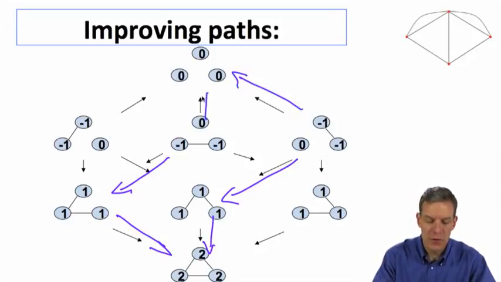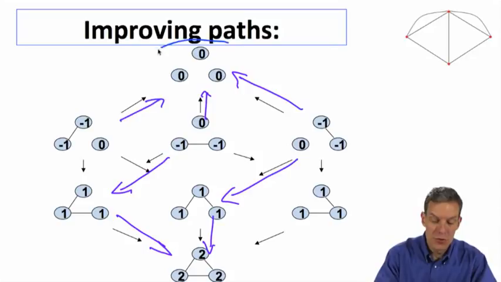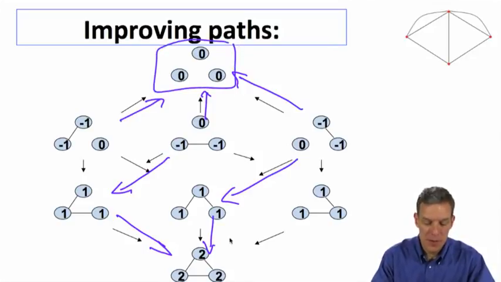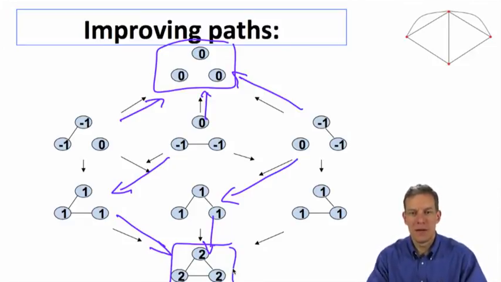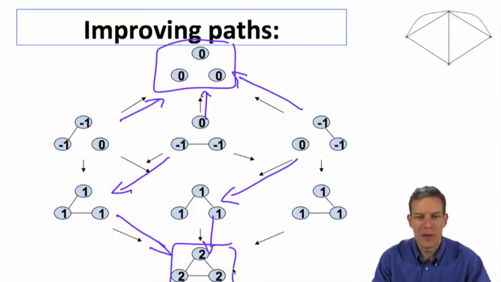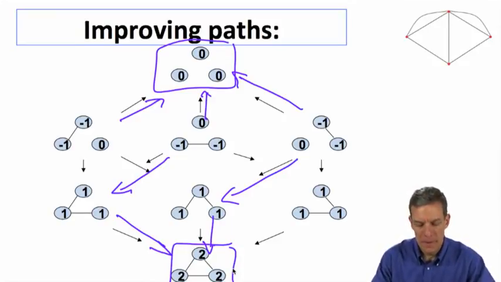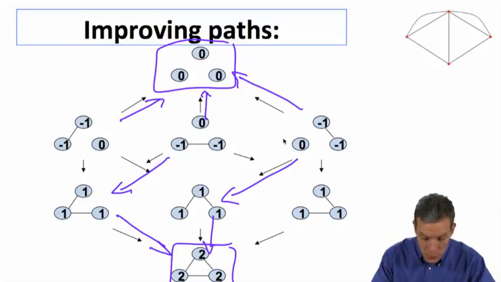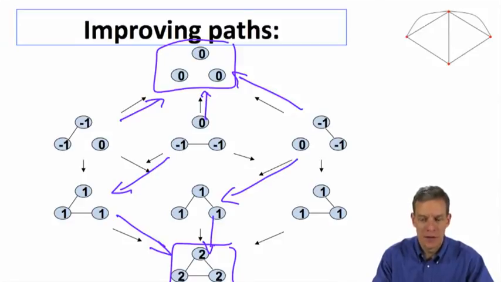So for many of these networks, you could have an improving path leading down to the empty network. So in this situation, there's actually 2 sets of pairwise stable networks, and in fact they're both pairwise Nash stable networks. So we've got the endpoints here, the empty and full networks, being stable, and there's improving paths leading from different networks to one or the other of these, depending on which situation you're in. Okay, so that's the concept of improving paths.